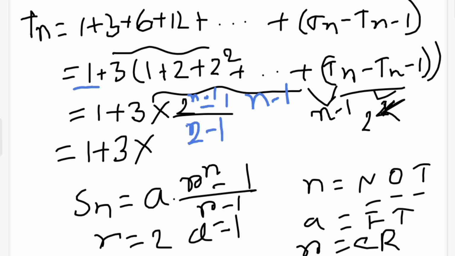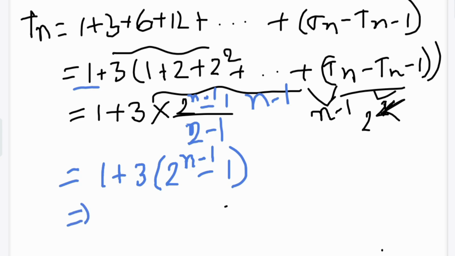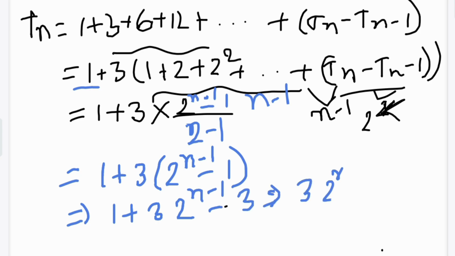I write it in a different color so that you can understand it well. So next line is 1 plus 3 into 2 raised to the power n minus 1 minus 1, right? So this is simply 1 plus 3 into 2 raised to the power n minus 1 minus 3. So that is 3 into 2 raised to the power n minus 1 minus 2, right?